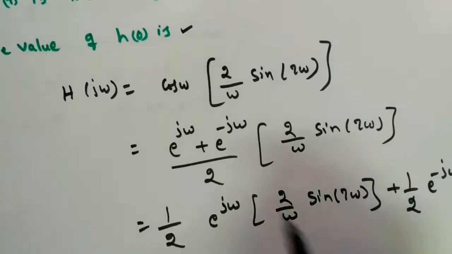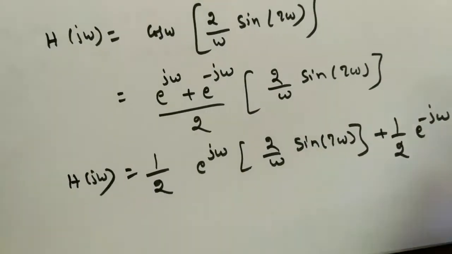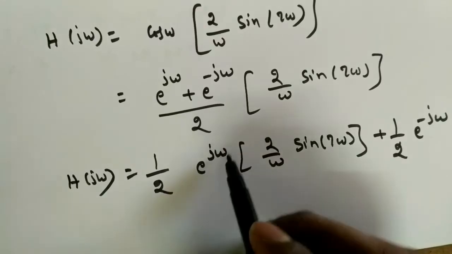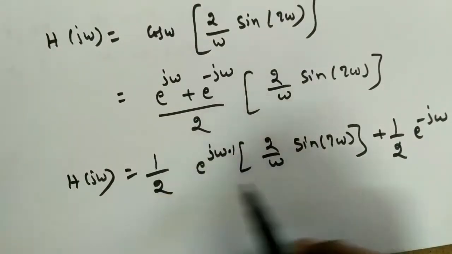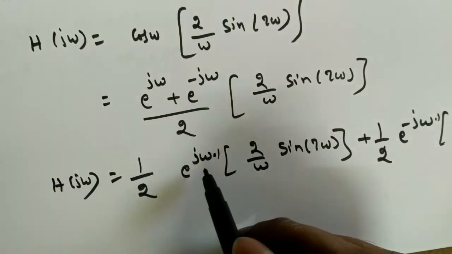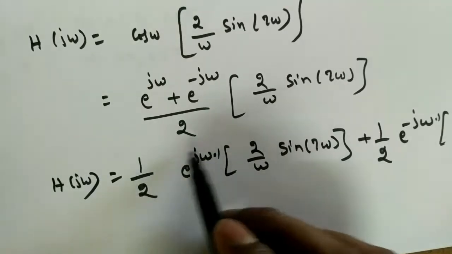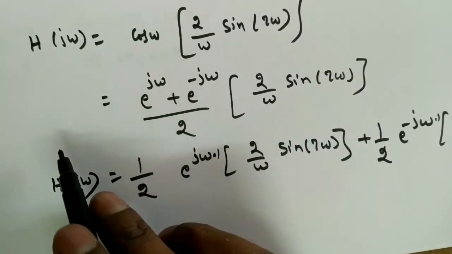Now why I kept this cos omega separate, there is a reason. Whenever there is e power j omega times a constant, in the time domain it is a shift, e power j omega t naught in the frequency domain. So it is a time shifting in the time domain.